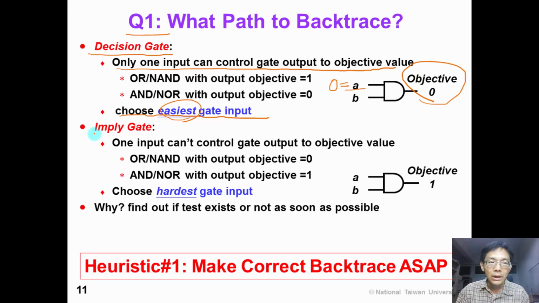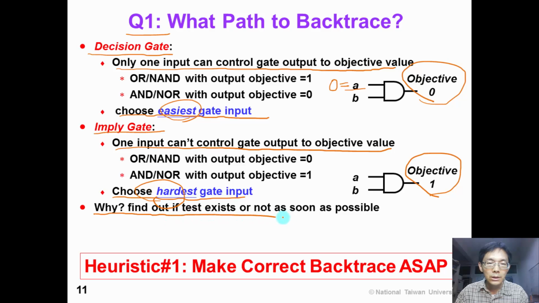The other kind of gate is the implied gate, which means one gate input cannot control the gate output to the objective value. For example, if the objective value is 1 for this AND gate, then PODEM proposes to choose the hardest gate input. What is the reason for doing this? This is because we want to find out if a test exists or not as soon as possible.